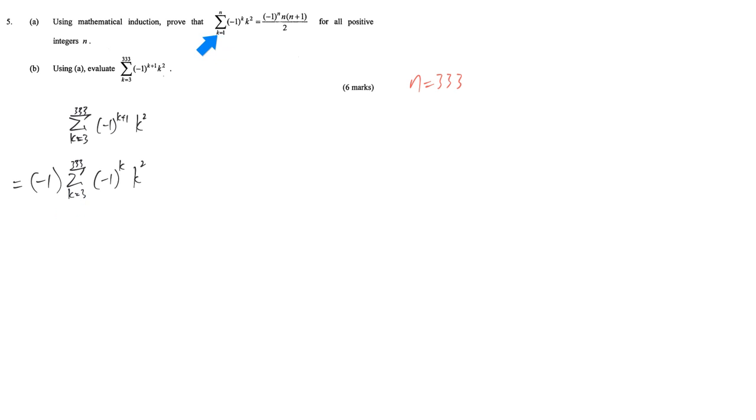However, our target is from 1. So in order to do so, we prepare a bracket here, and then we are going to add back 2 cases so that it starts from 1. We add the first case, negative 1 to the power of 1, 1 to the power of 2, and also the second case, 2 to the power of 2 here. But of course we can't change the value, so we have to subtract immediately to avoid any value change.